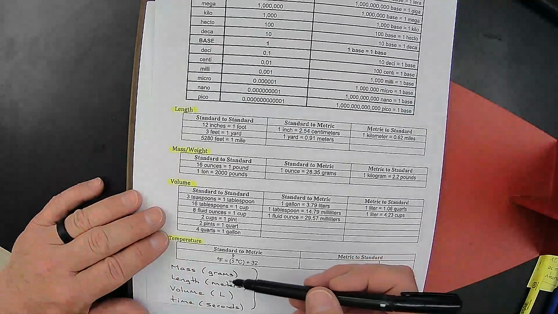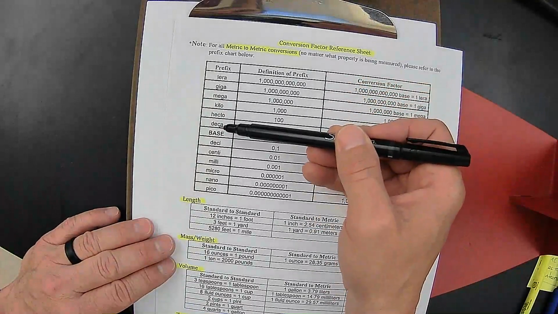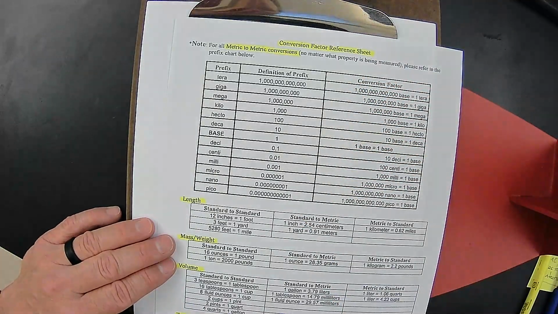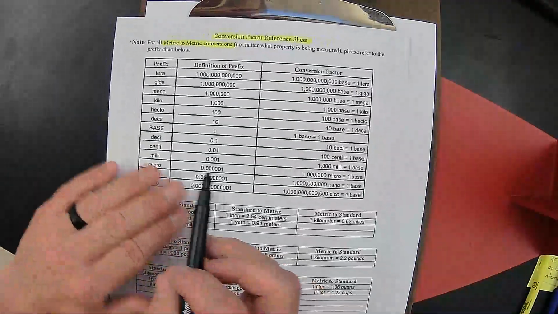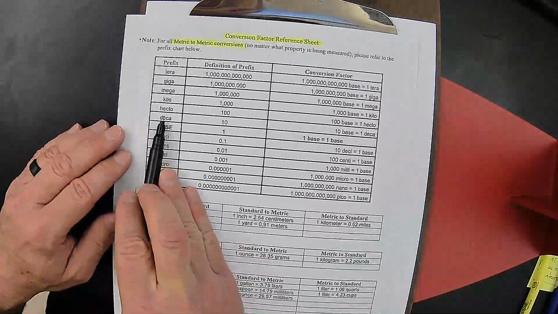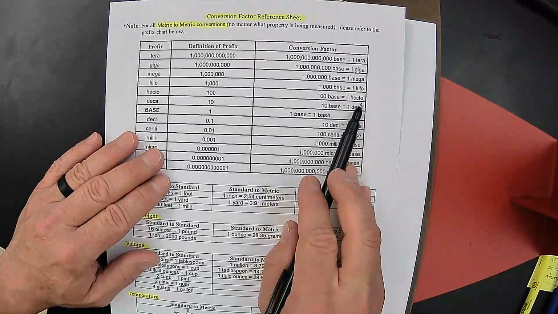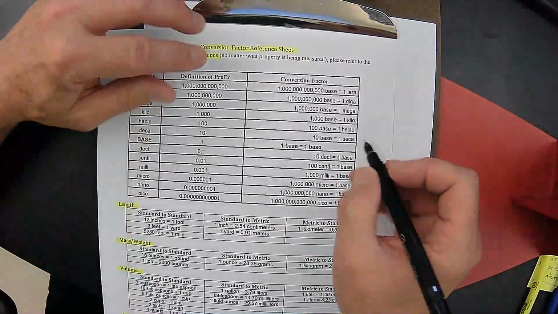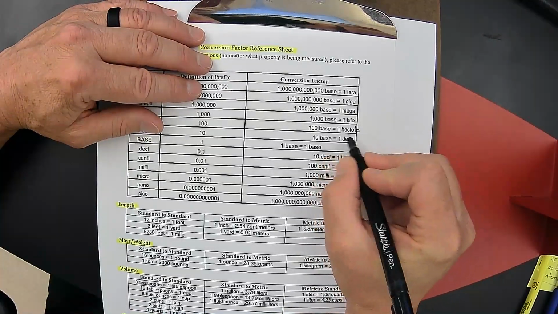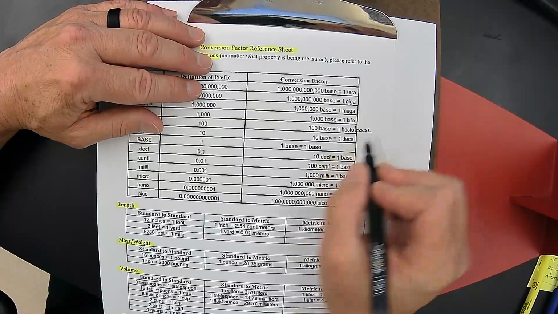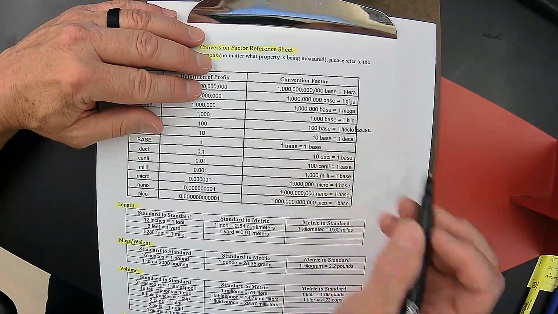Then each one of these base units may have a prefix associated with them. So, for instance, when we look up here and it says hecto, and then it's base, 100 base equals 1 hectobase. I wish they would have written this as 100 base equals 1 hectobase.